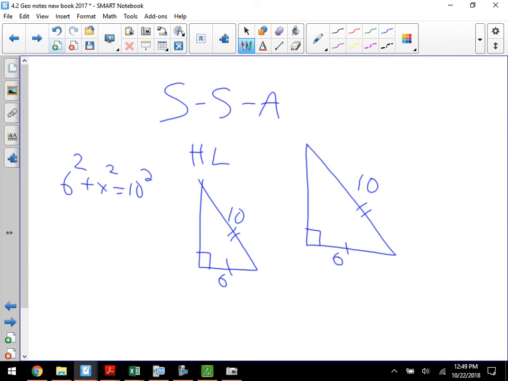What's 6 squared? 36. What's 10 squared? 100. What's 100 subtract 36? 64. And the square root of 64 is 8. So this would have to work. The ASS in math only works if it's a right triangle. And we don't call it that, we call it hypotenuse, because there is no ASS in math.